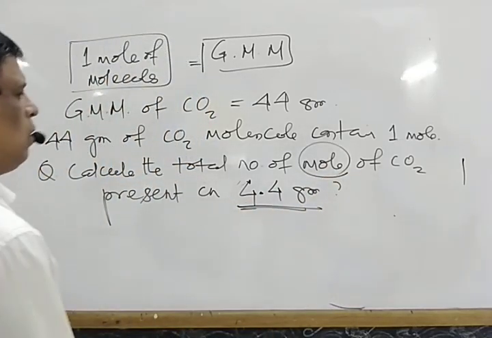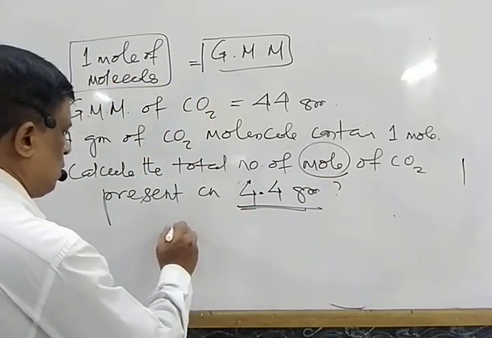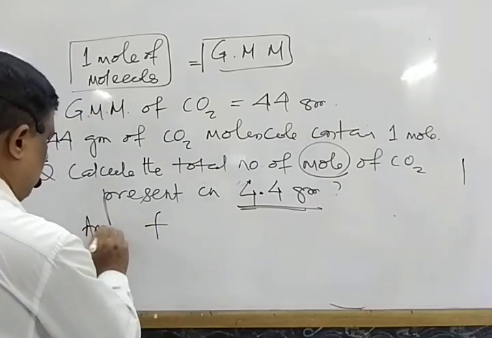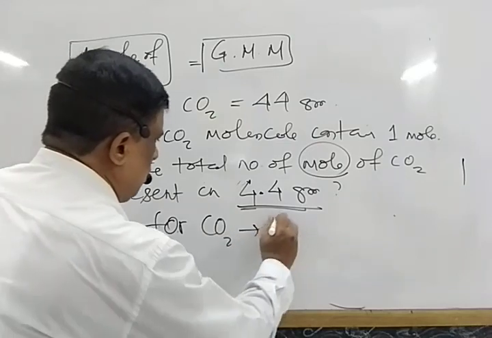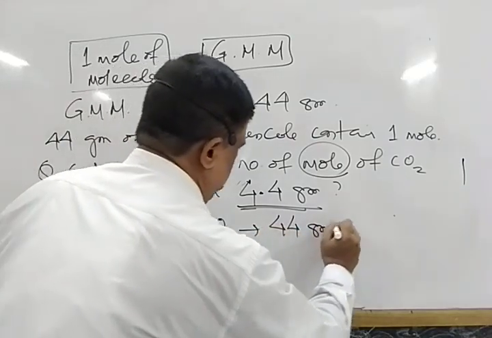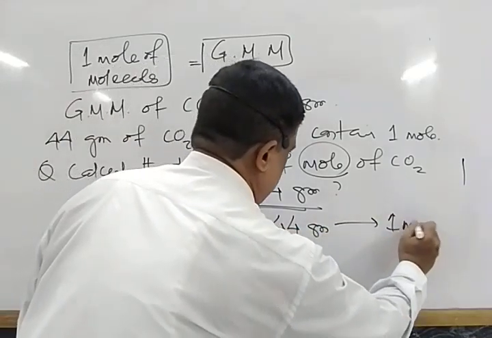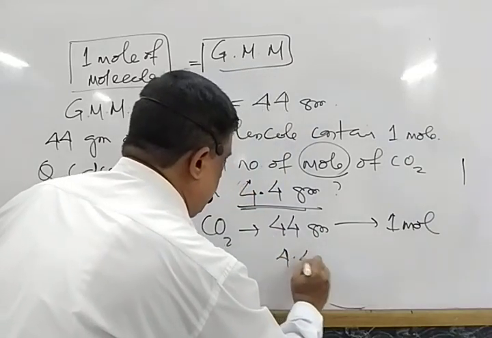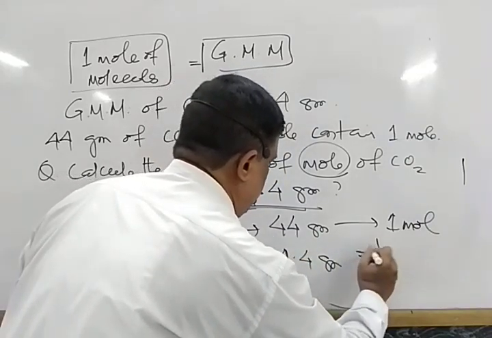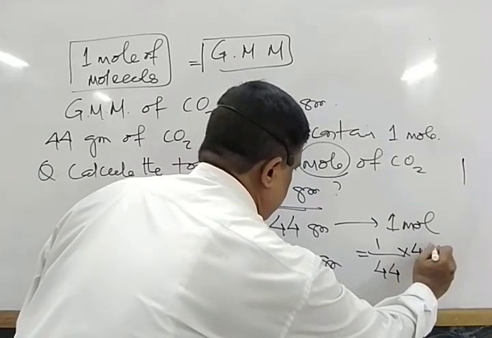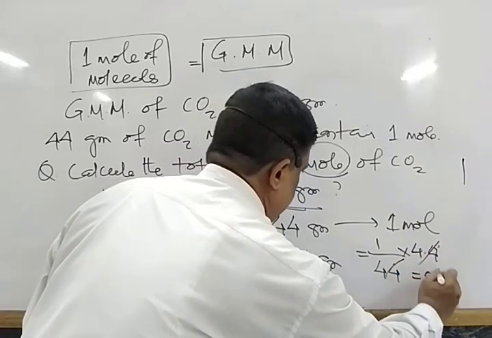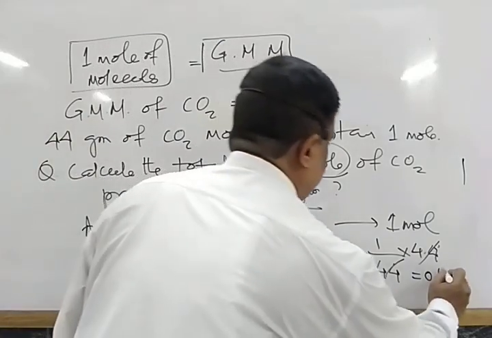Mark that. Gram with mole. So what do we know? For CO2, 44 gram is equivalent to 1 mole. So 4.4 gram is equivalent to 1/44 × 4.4. Cancel out: 0.1 mole.